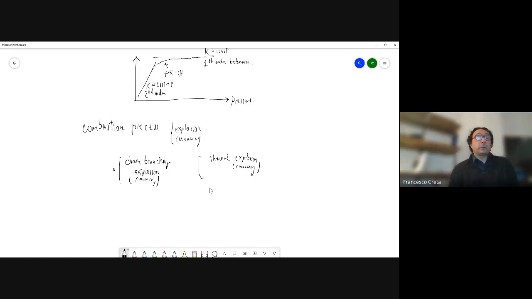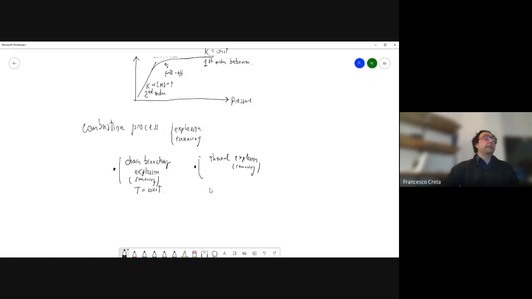So these two mechanisms are really intertwined in an overall complex combustion reaction. Now, we're going to see them separately. So in this particular case, for example, in chain branching, we're going to consider the temperature as being constant.